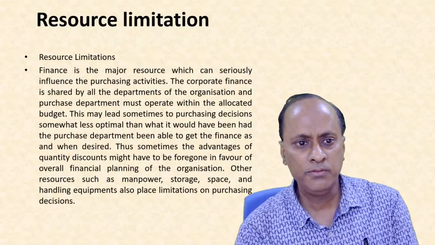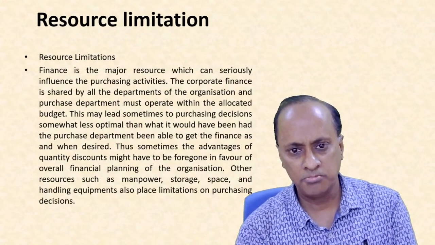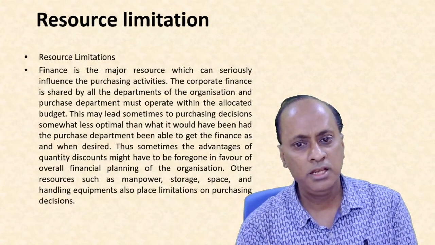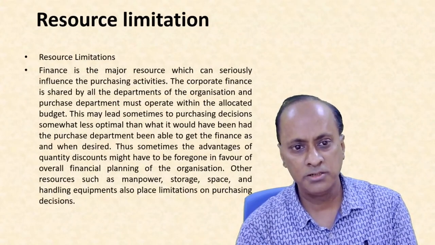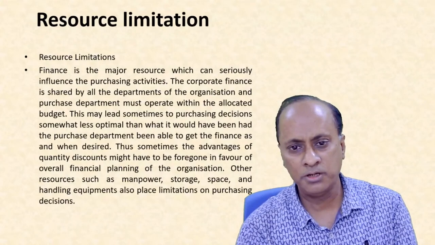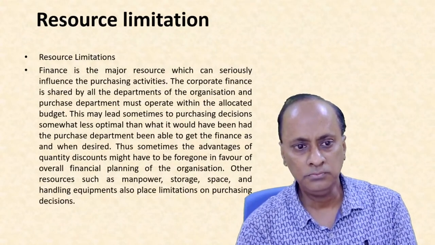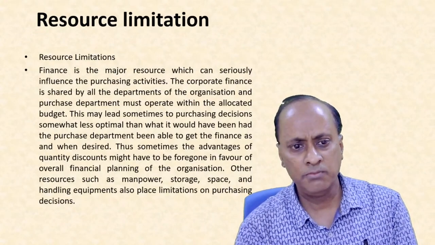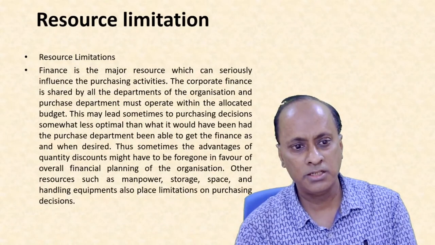So the corporate finance is shared by all departments and the purchase department must operate within the allocated budget. That means there is a particular budget in a particular financial year. So sometimes the decisions may not be optimal, as the purchase department is not able to get the finance as and when desired.